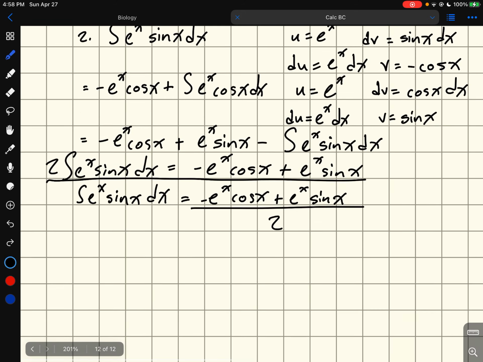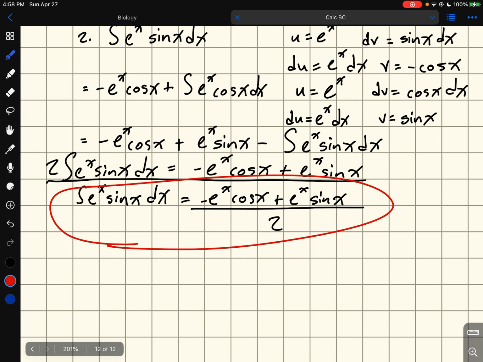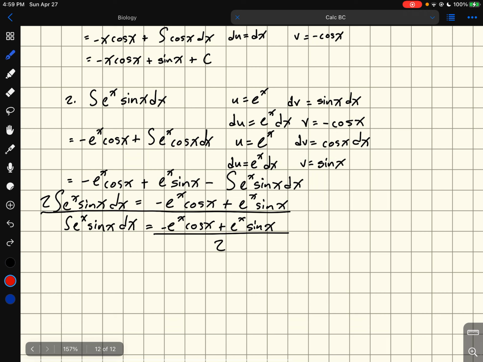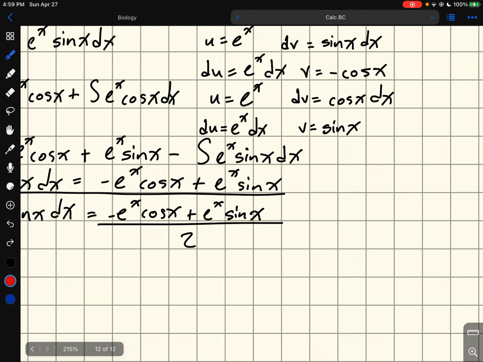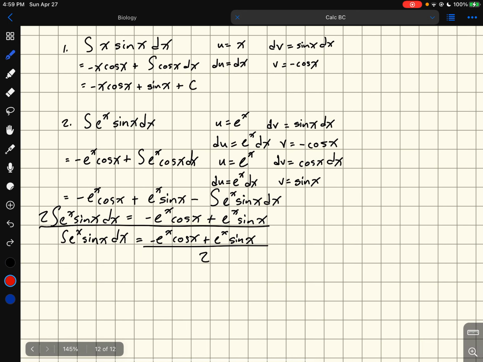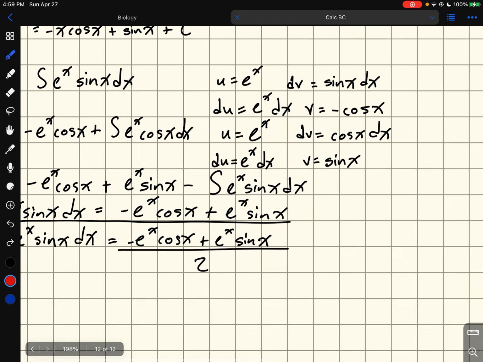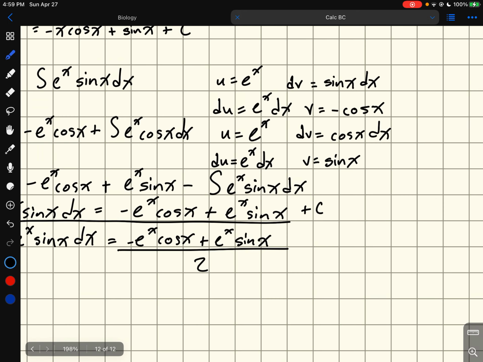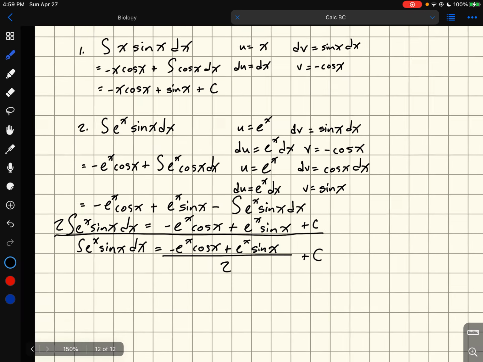And that is literally our answer. We're looking for, what is this equal to? Well, this is equal to this. You see how these two are the same things here? So it feels kind of like cheating, but yeah, that is literally the answer right there. Oh, wait. Plus c. I can't forget my plus c. Oh my gosh.